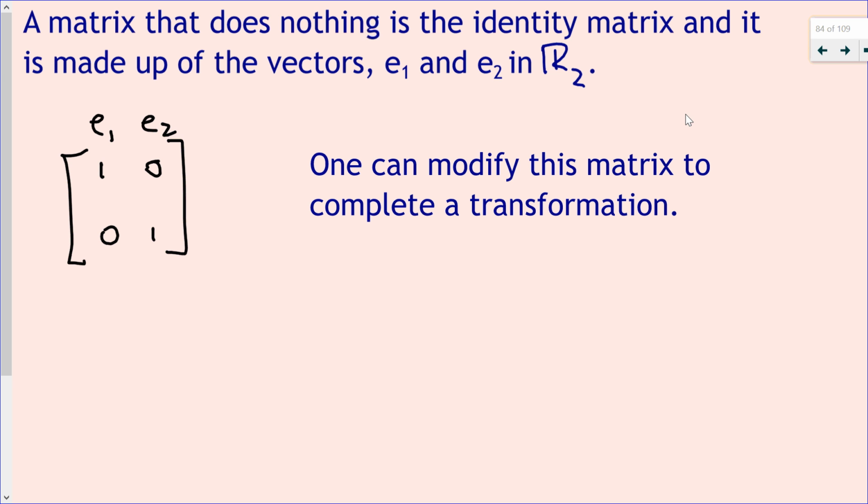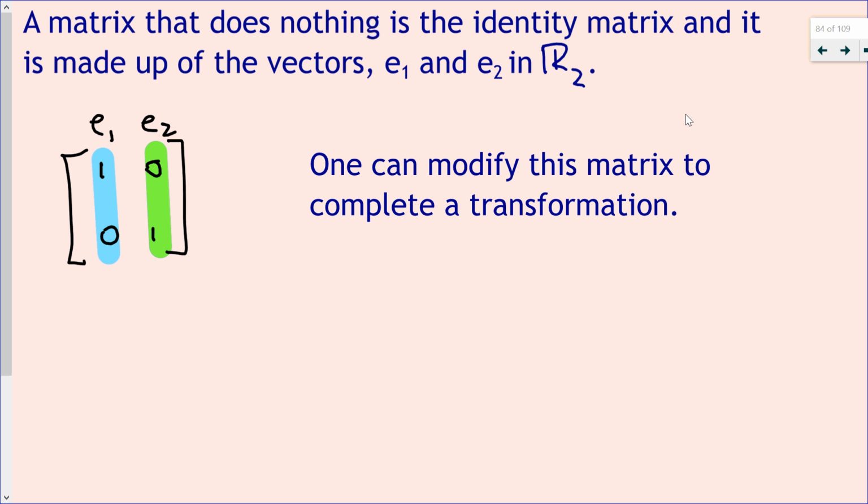Now, when we're talking about matrix transformations, they call those vectors e1 and e2. I believe they're called the elementary vectors. And so the identity matrix in R2 is made up of e1, which is your first column vector, and e2, which is your second column vector.